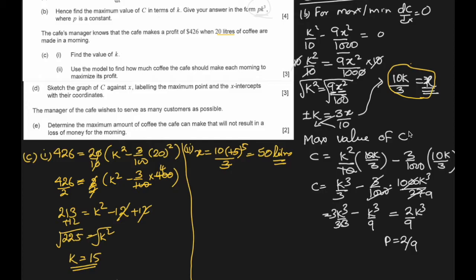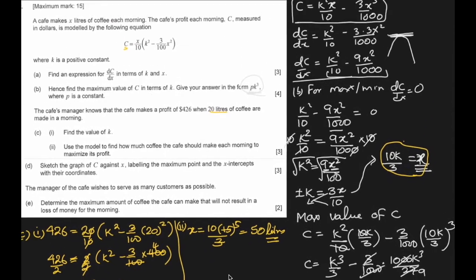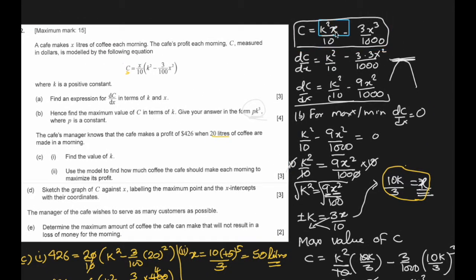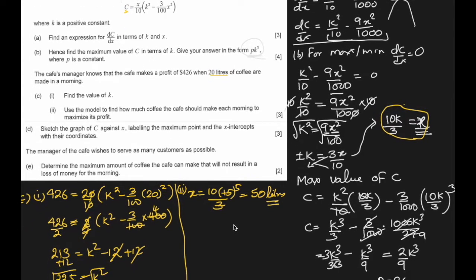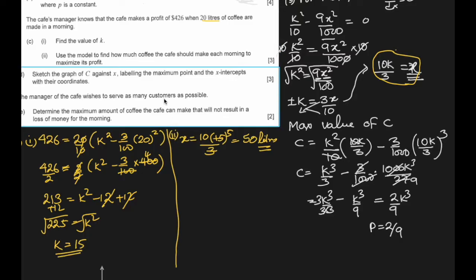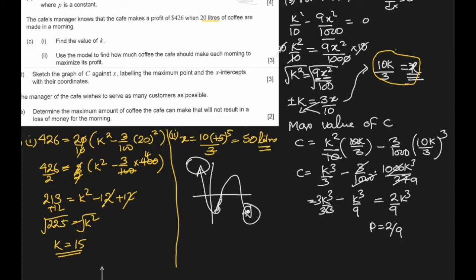Since this is a cubic function, with an x and an x cube and the cube coefficient negative, the graph should look something like this, starting from the second quadrant and ending in the fourth quadrant. That means we can have 3 x-intercepts. So let's see how we can get the x-intercept.